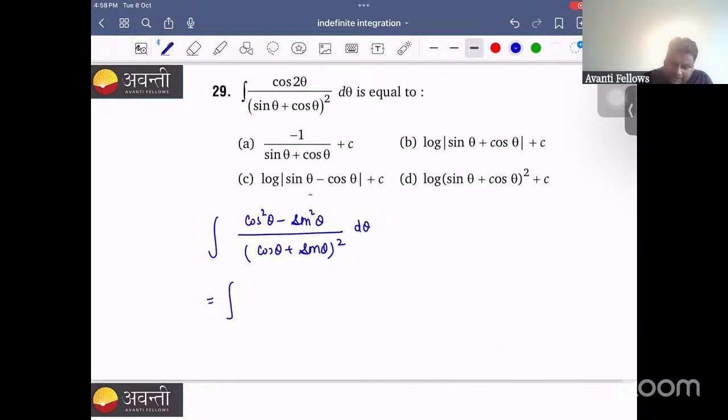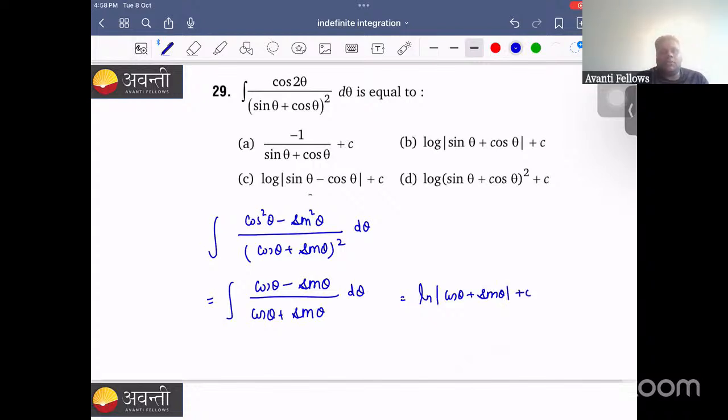Cos theta plus sin theta will cancel. You will get cos theta minus sin theta upon cos theta plus sin theta d theta. Now if you realize, derivative of denominator is there in the numerator. So answer is what? ln of denominator, that is ln of cos theta plus sin theta plus constant. This was it.